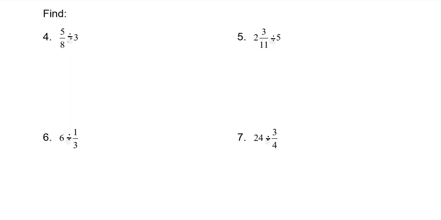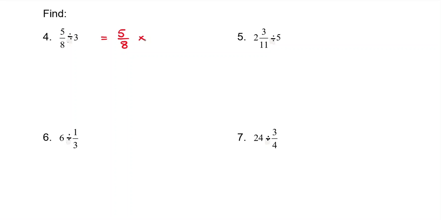Okay, now in the dot points that we had, in bold letters, it said, instead of dividing, choose to multiply by the reciprocal. What that means is you can change this divide into a times. So I'm going to write it down again. It's 5/8.